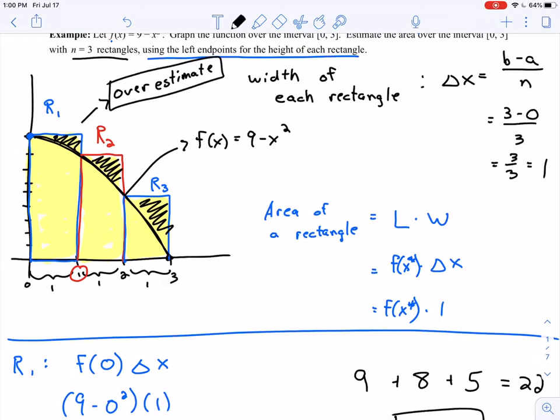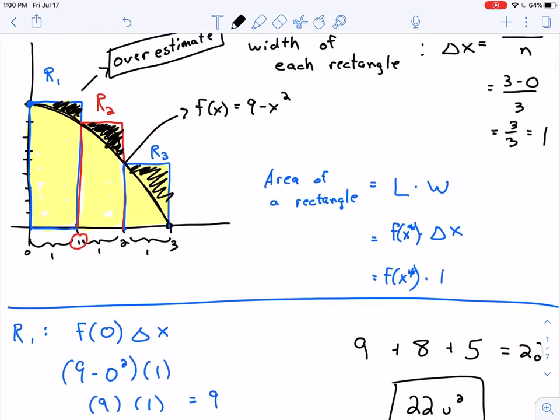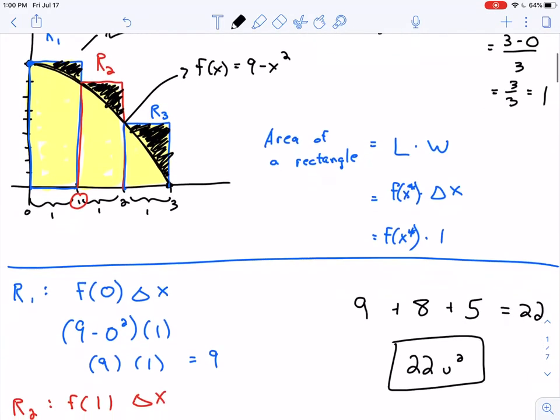Each one of these rectangles is a little bit too big, right? This kind of black shaded area that I'm trying to draw in here, that is area that I am counting, that I am including in that 22 units squared, and I really don't want to. It's too much. So this is an example of something called a Riemann sum.